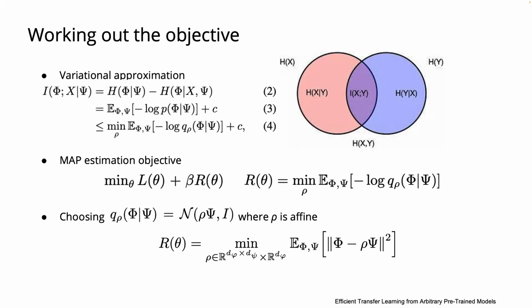H represents the conditional entropy, and the second term on the right side of the equation is actually a constant, because phi is deterministic given X. That's why we add a C over here. So we are trying to minimize the negative log likelihood of the distribution of phi given psi.